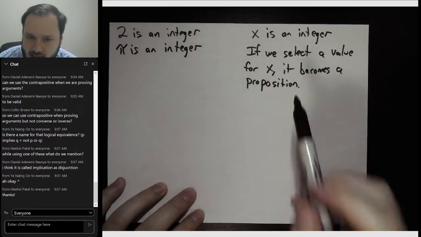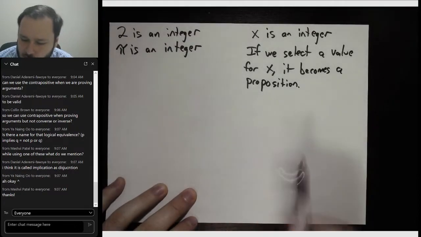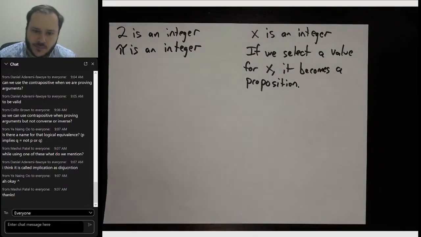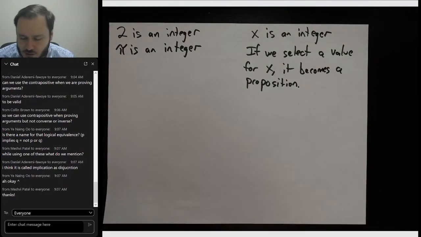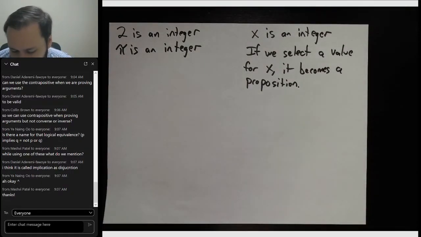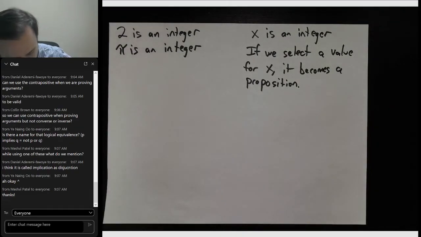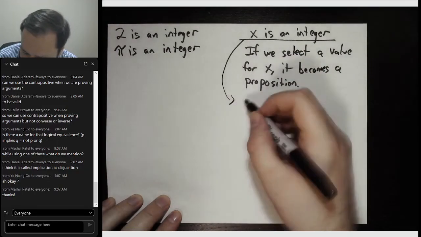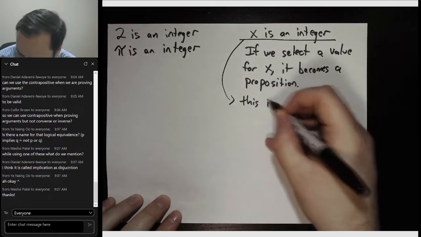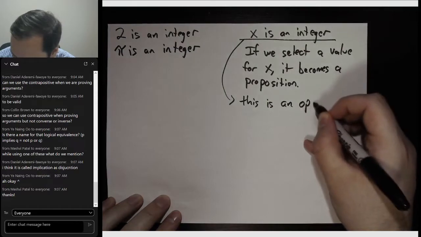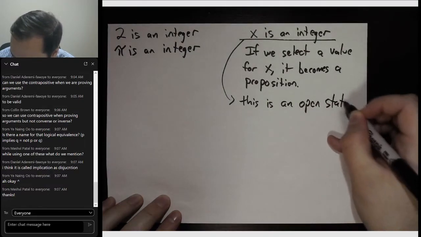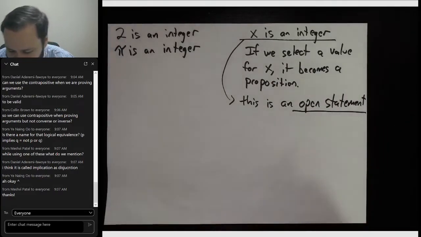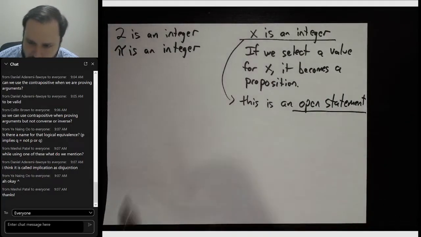If I say, is x an integer? By the way, x was 2, then you know if this is true or not. All right, once you fix x to be a certain thing, sure, it's a proposition. And so we call this an open statement. And this is why we want to differentiate between statements and propositions.